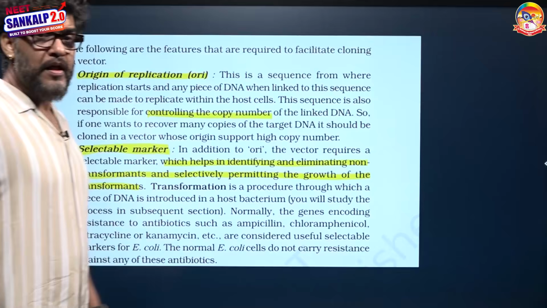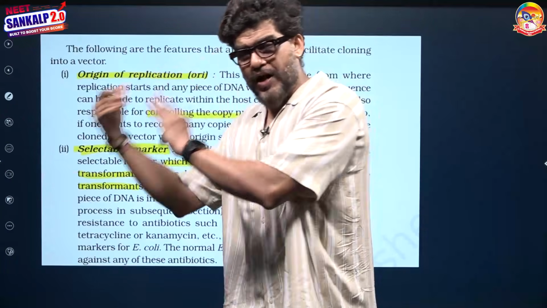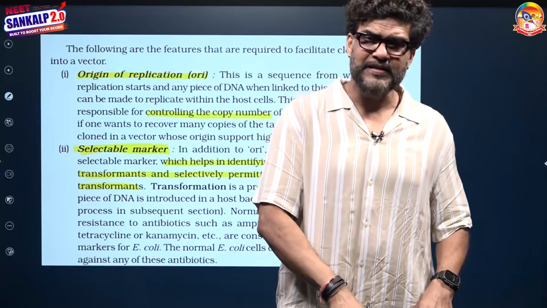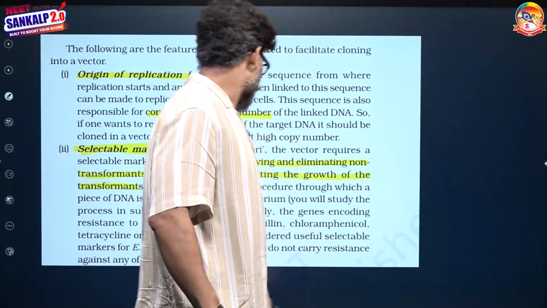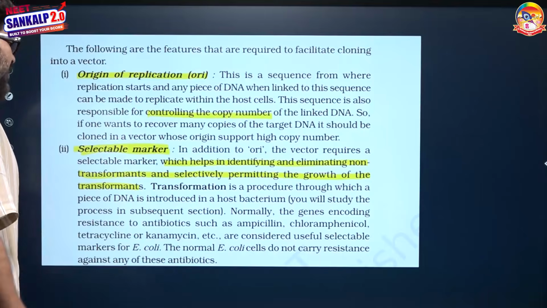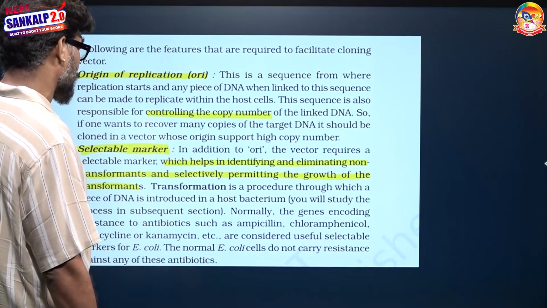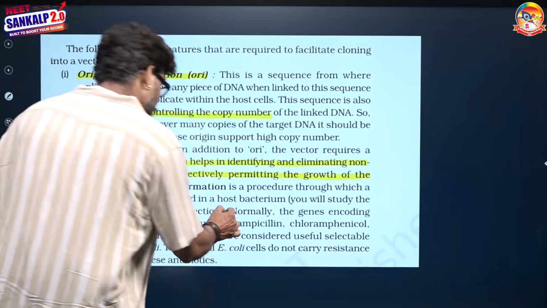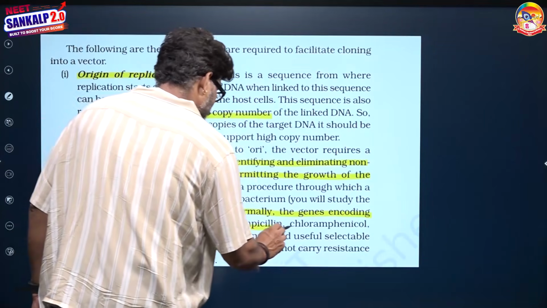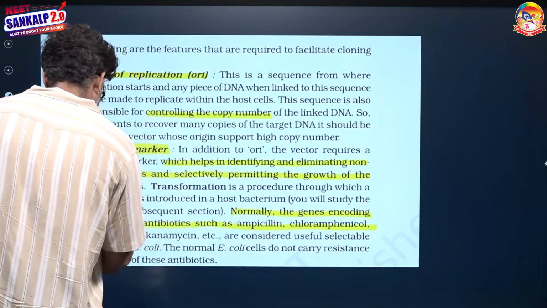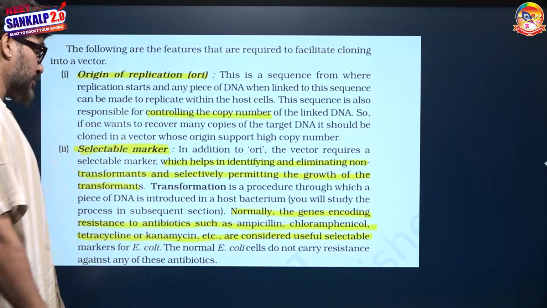I must say, a selectable marker helps to distinguish transformants from non-transformants as well as recombinants from non-recombinants. Transformation is a procedure through which a piece of DNA is introduced into the host bacterium. Normally, genes coding for resistance to antibiotics such as ampicillin, chloramphenicol, tetracycline, etc. are considered useful selectable markers for E. coli.